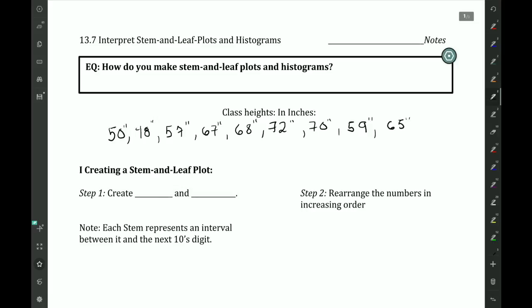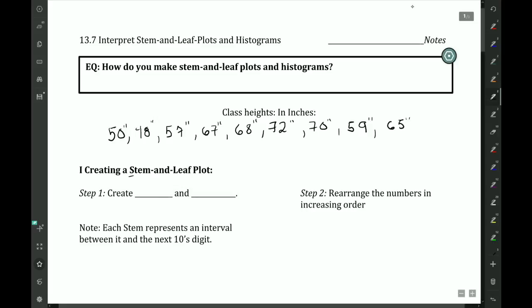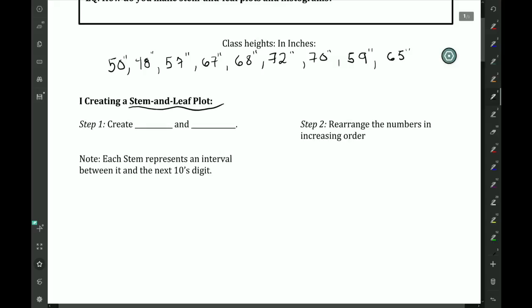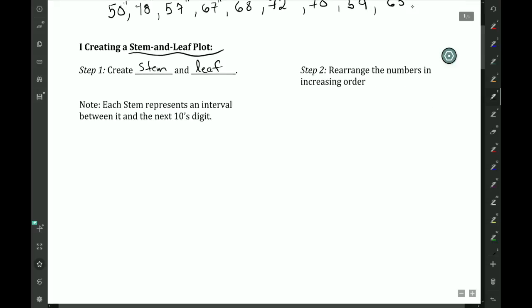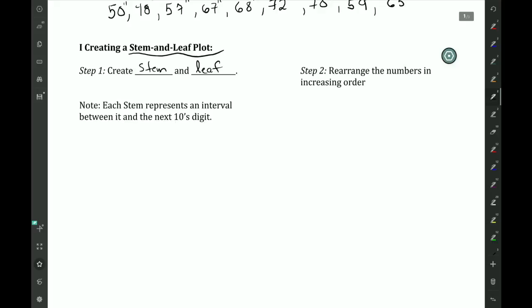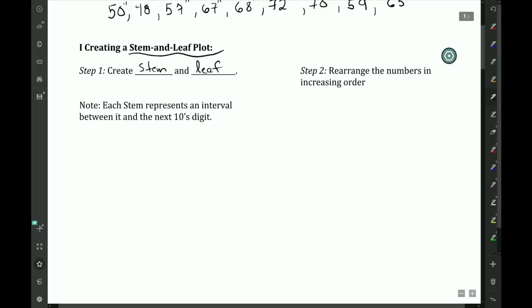We are going to make a stem and leaf plot of these heights. So first up, step one is create a stem and a leaf. Not just a stem and leaf from a tree, but kind of like a tree, I suppose. The stem of our plot is going right up, and the leaves are going across.